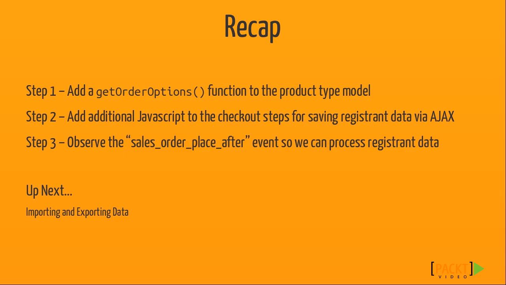We also had to tweak our config XML for our module a little bit so that we could add in the correct controller and router for intercepting that Ajax request. Finally, we observe the sales order place after event in our own custom observer so that we can process the registrant data that was injected into the info buy request.